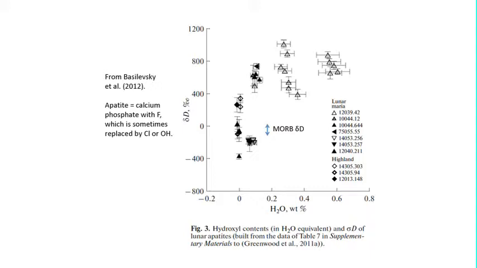And this is some of the results from Greenwood et al., although I pulled the figure out of a review paper. I like this review article by Vasilevsky, by the way. Recommend it. I'm not giving you the reference, so you'll have to figure that out.